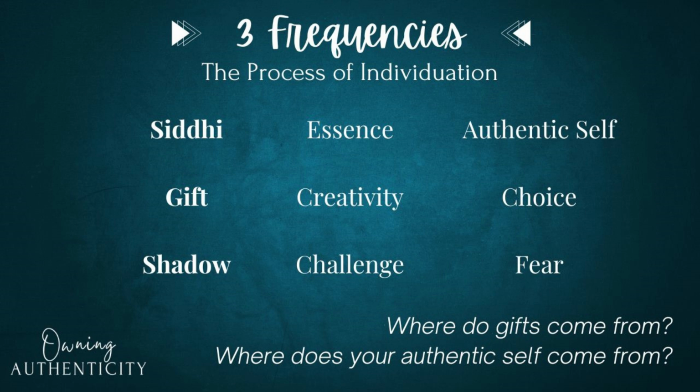That's where gifts come from. So from the challenge comes the gift. So the answer to that first question at the bottom, where do gifts come from? They come from our challenges. And so you can just collapse that down, skip the middleman, and say challenges are gifts. Challenges are gifts.